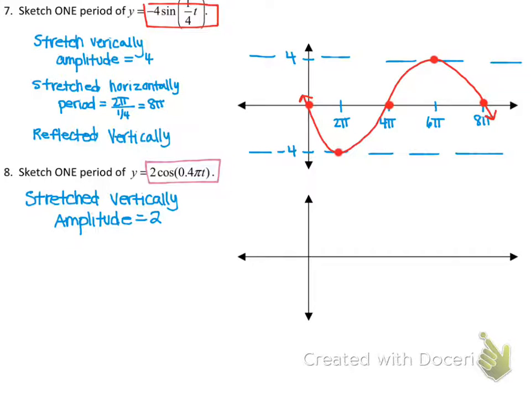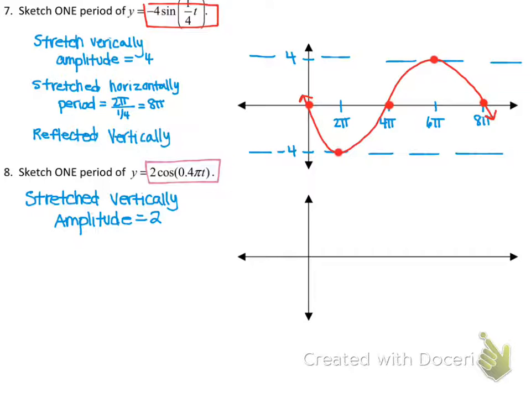Now, you have to determine, next to t we have 0.4 pi. So pi is a number, so we need to do 0.4 times pi and determine if that is greater than 1 or less than 1. And in your calculator, when you do 0.4 pi, you get approximately 1.257.